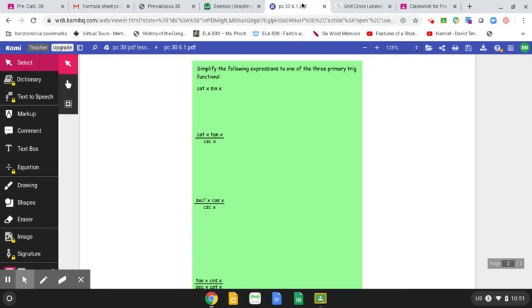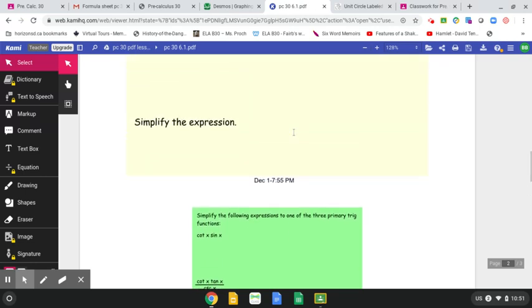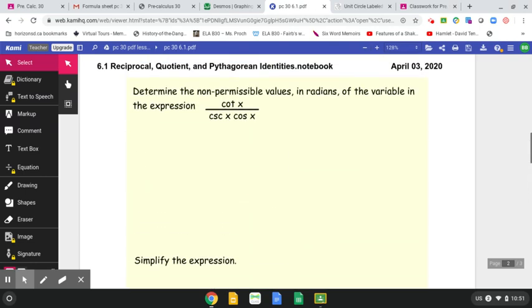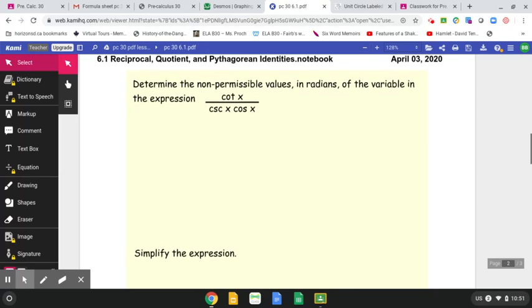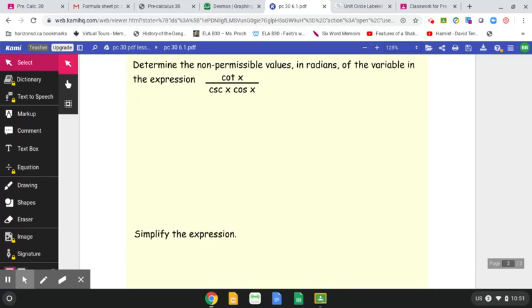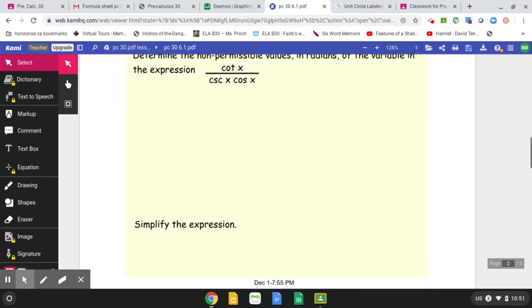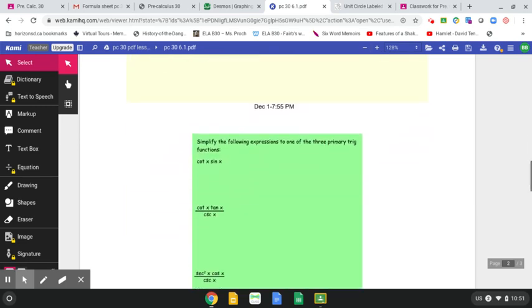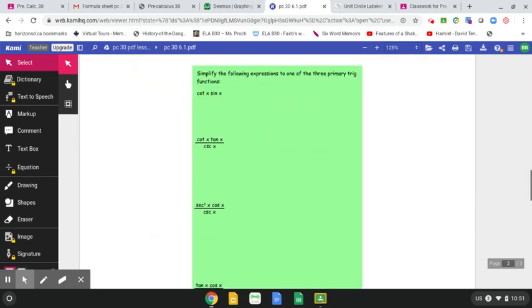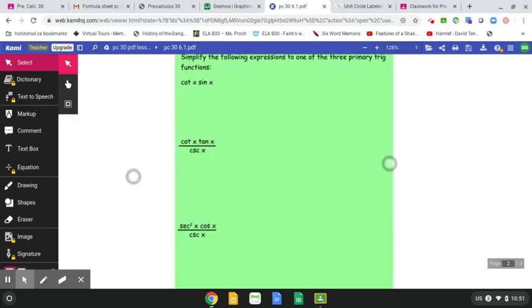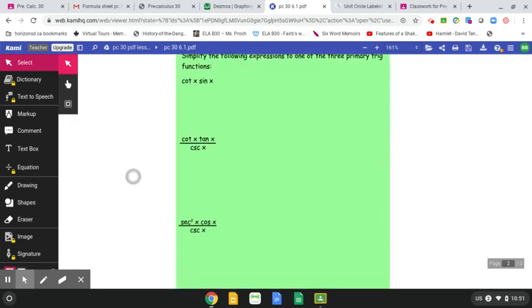So basically this whole video is going to be about simplifying. I touched on simplifying as the last thing I did in the last video, which was when I simplified that expression right there. The hint that I gave you in the last video was that you should always write in terms of, do you guys remember?